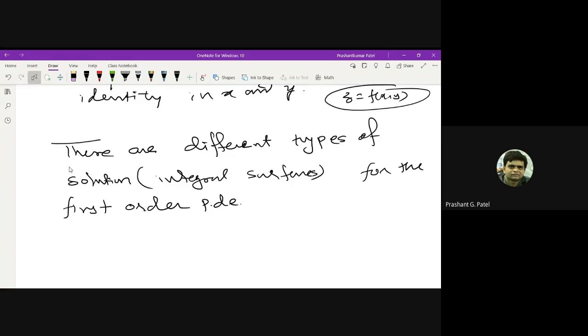So let us classify. The first one is known as a complete integral. When I say integral, it means a solution, and an integral surface. So when I say complete integral, it means a complete solution.